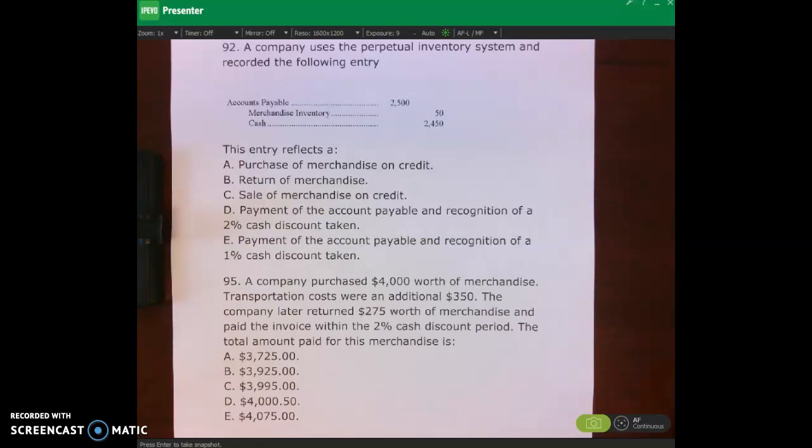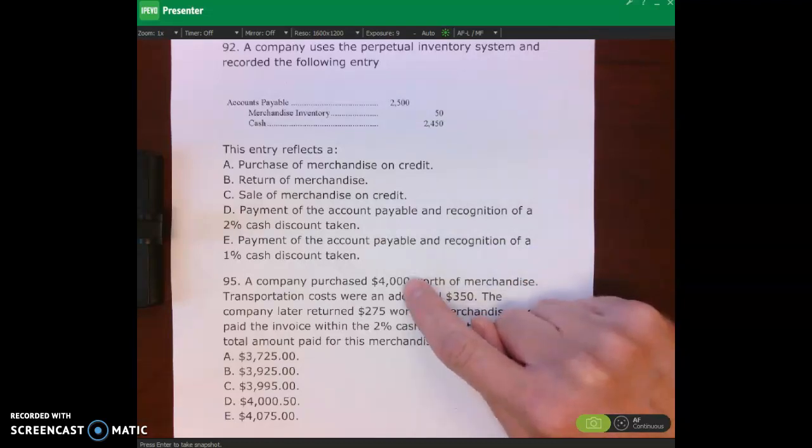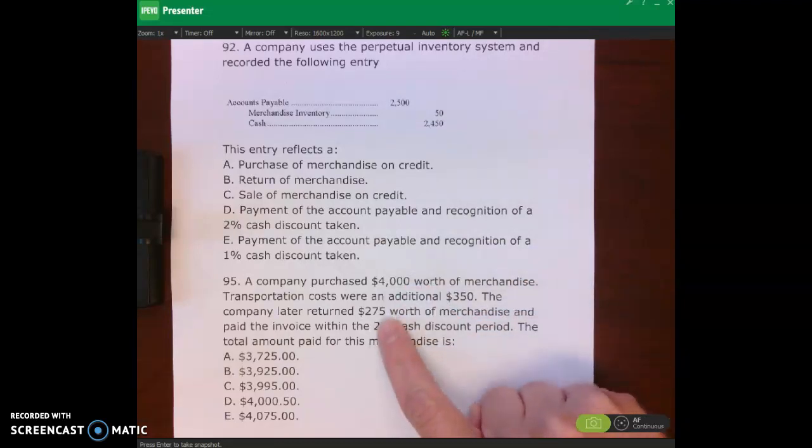So when you're doing this problem, you can't take the purchase discount on the transportation costs, okay? You have to pay for those separately. So to figure out the purchase discount, you're going to take the amount that you purchased minus the purchase return, because remember, we have to take the purchase discount on the outstanding accounts payable.